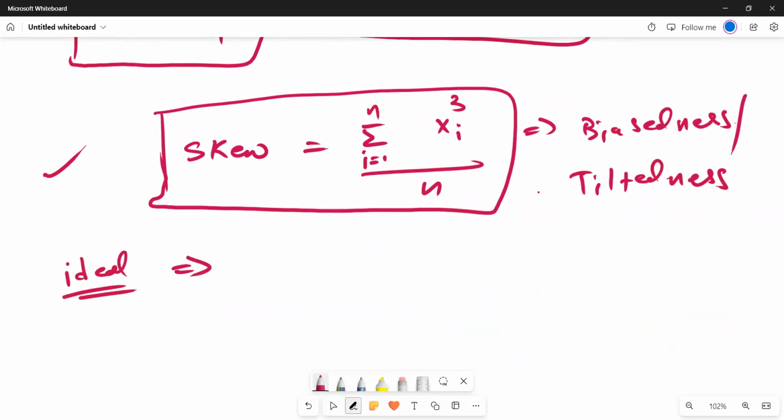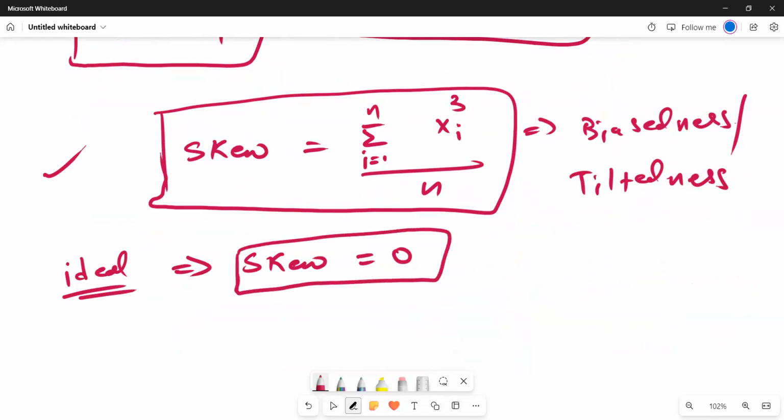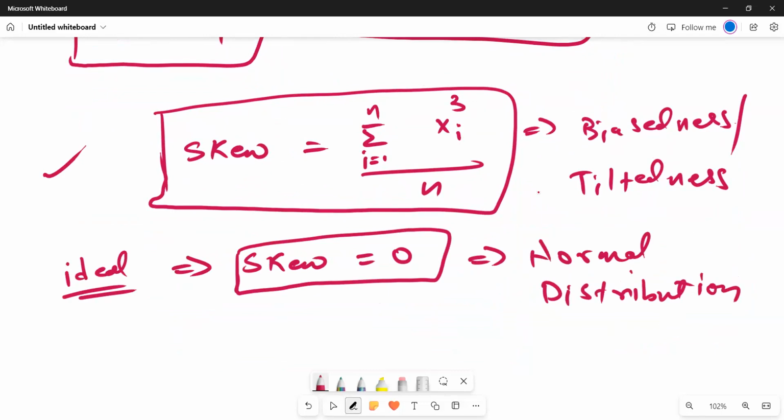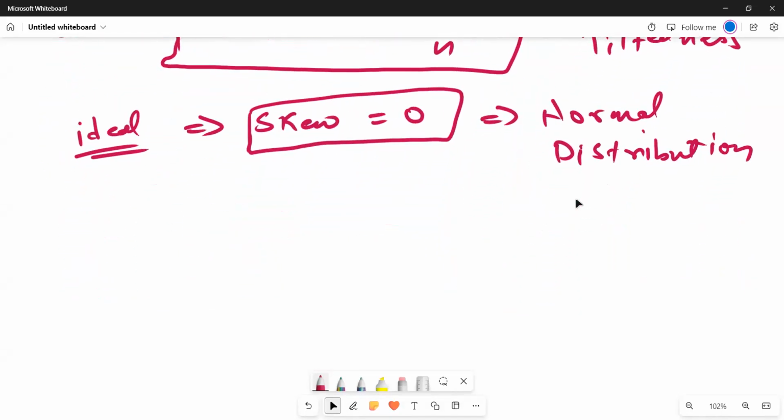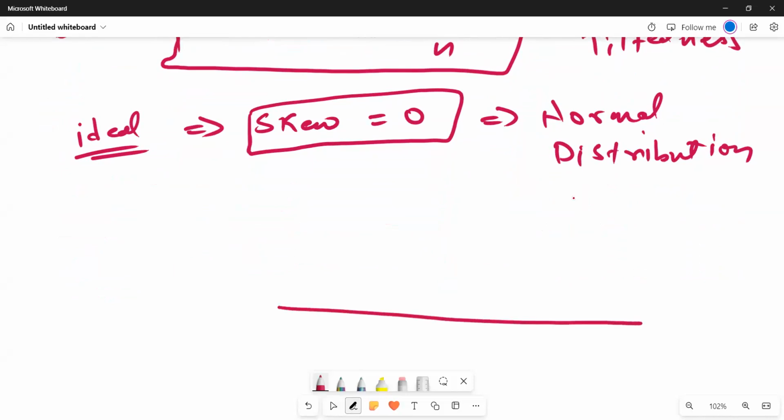Ideally, your skewness of the data set should be 0. And if the skewness is 0, it is considered as the normal distribution, right? I'll just give you a brief about normal distribution because you're going to cover the normal distributions in detail in your data analysis and advanced statistics sessions.